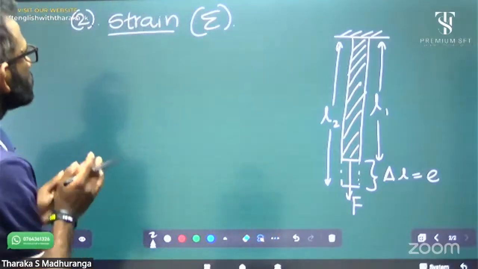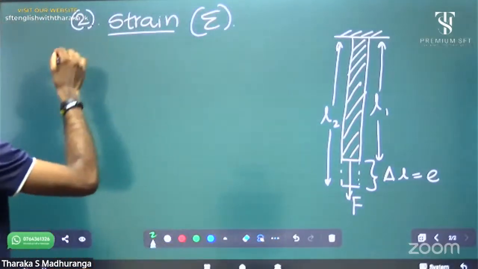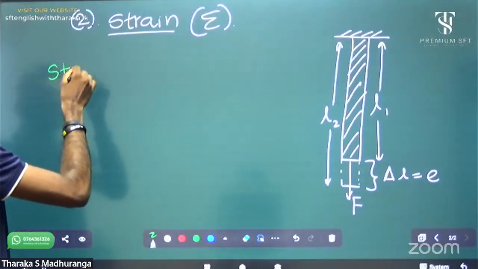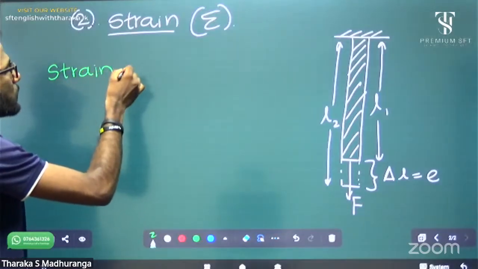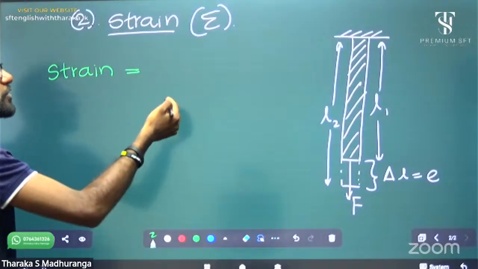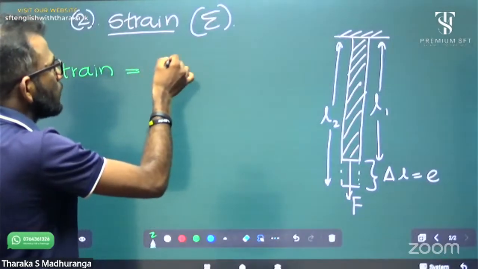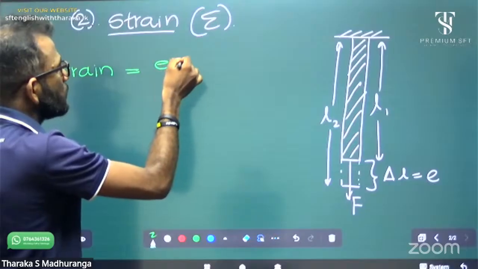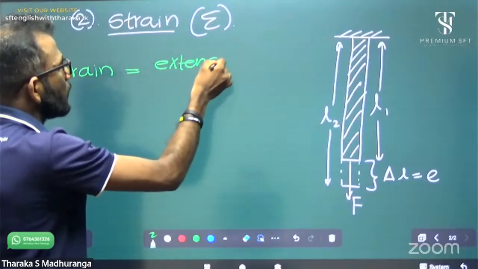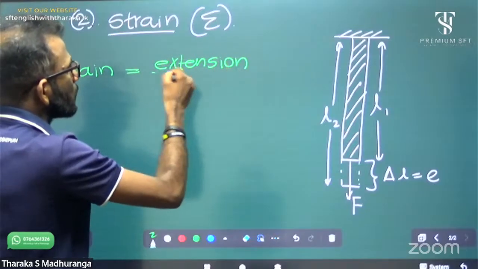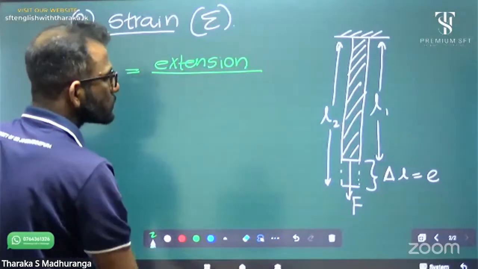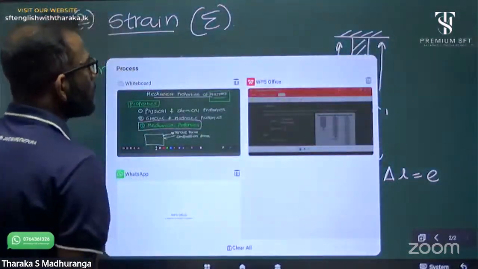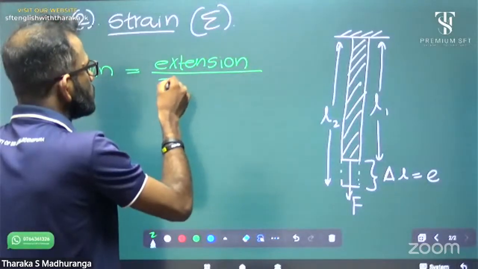How do we get this value? The strain is the ratio between the extension, E, and the initial length.